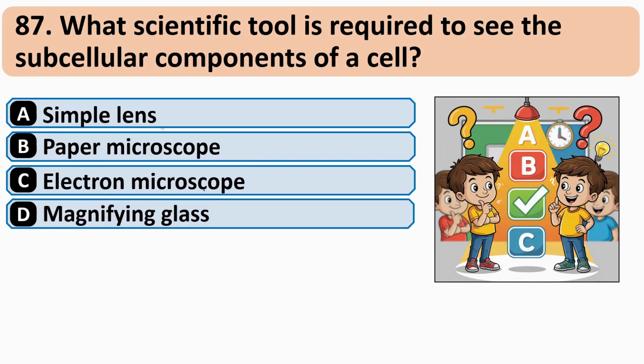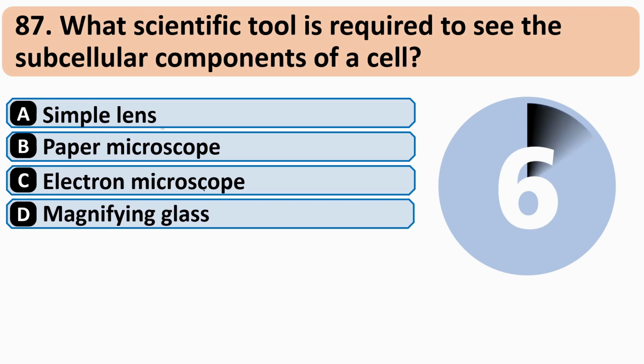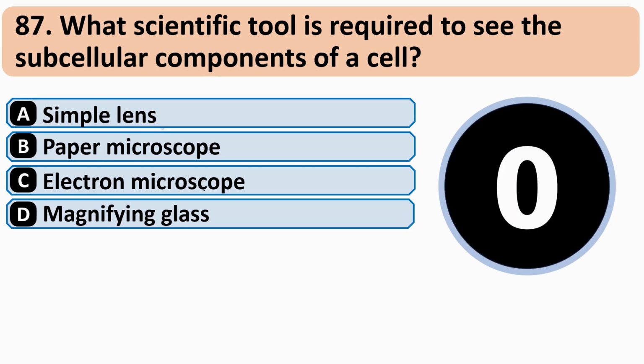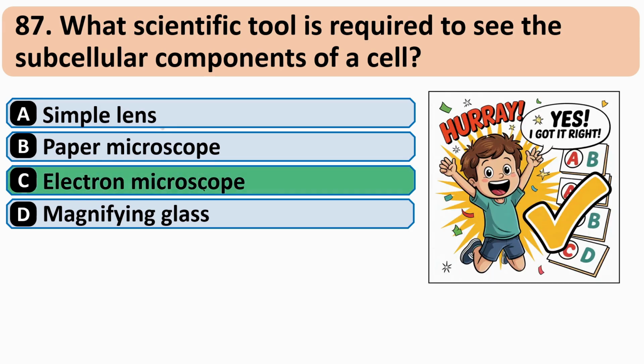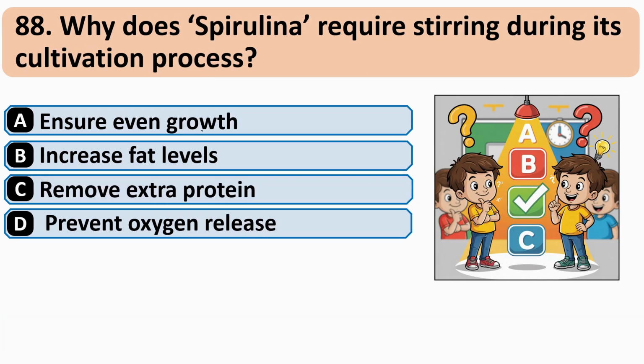What scientific tool is required to see the subcellular components of a cell? And correct answer is C, electron microscope. Why does spirulina require stirring during its cultivation process?